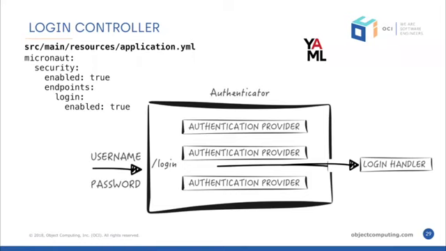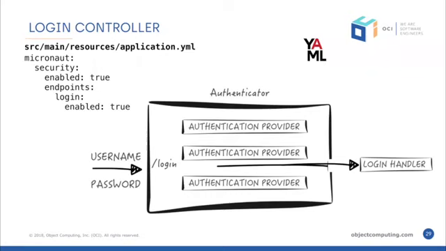If you do that, you will have an endpoint, /login, which will take either a form URL encoded payload or a JSON payload with a username and a password, and it will try to authenticate those credentials against the list of authentication providers that you have registered in the system.